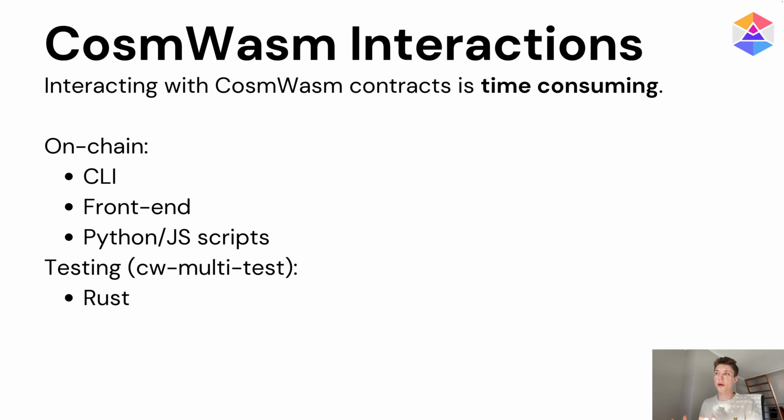Or for bigger projects, you would use Python or JavaScript scripts in order to deploy your smart contracts, to instantiate them, etc. On the other hand, when you're testing your smart contract, you will probably be using CosmWasm multitest for your integration testing, which you do in the Rust language.